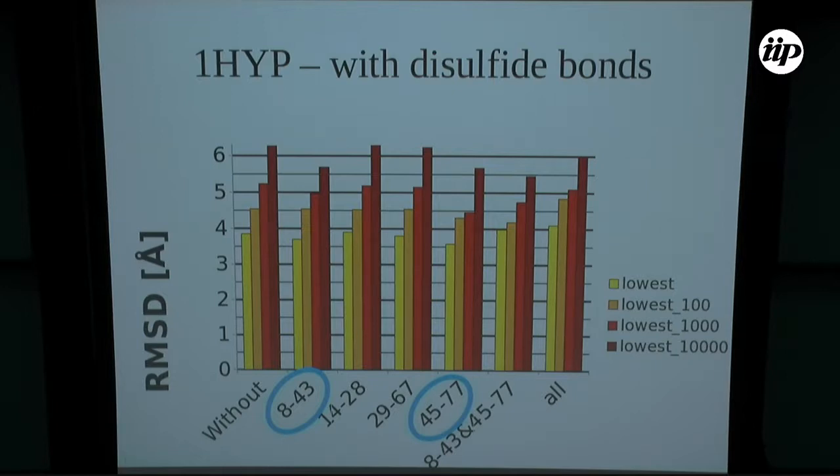And it turned out that when we have the 8 to 43 and 45 to 47, we get the best results in terms of the dominant cluster. When we have all disulfide bonds, it is more or less of the resolution which we obtained without.